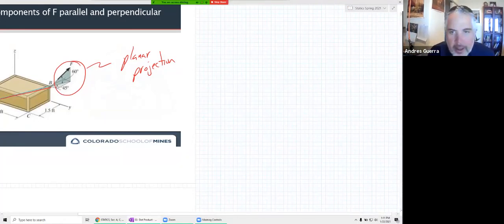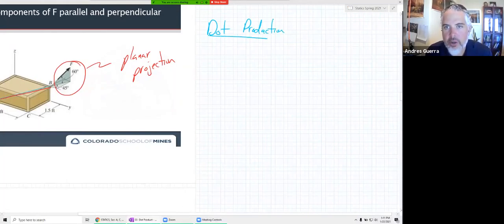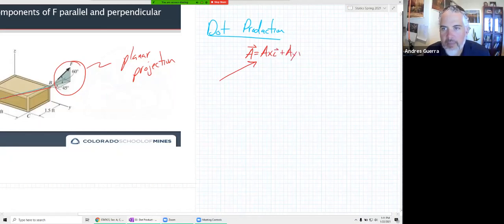Okay, so let's talk about the dot product here. Let's write down a few things, and we'll write down some procedures, and then we'll jump into an example. If we have a couple of vectors, let's say we've got a vector here, and I'm just going to call that vector A, and vector A is three-dimensional, so it's an A_x in the i plus an A_y in the j plus an A_z in the k direction.